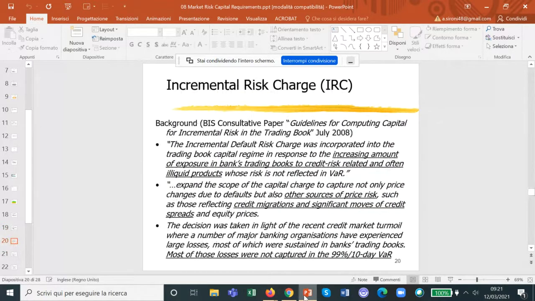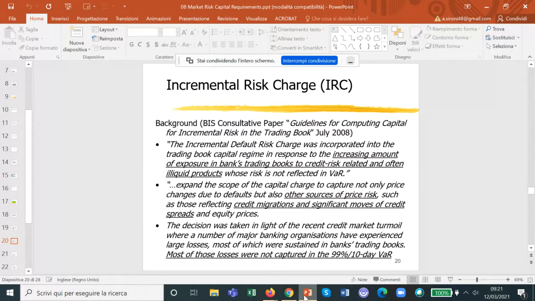Now, very quickly, IRC. Keep in mind, IRC is only applied for those banks that have an internal model validated, okay? And as I mentioned, it was aimed at facing the problem related to the fact that an increasing amount of the exposures in banks' trading books was actually related to credit risk and often illiquid products, okay?